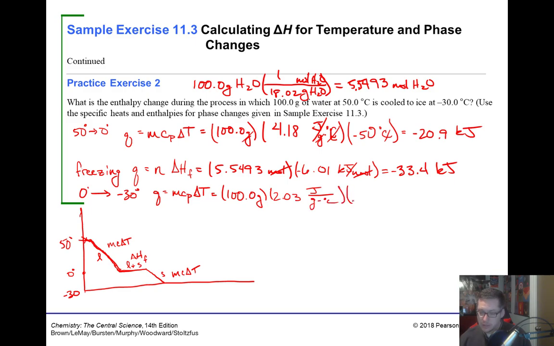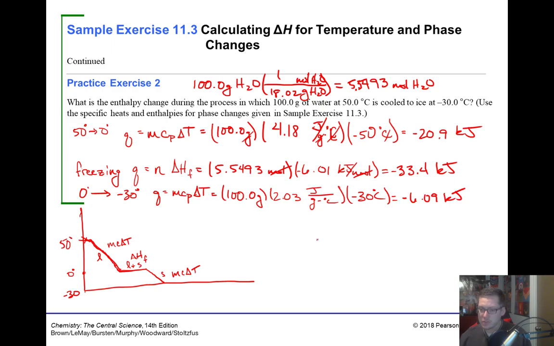The change in temperature is final minus initial: final was negative 30 minus initial, which is 0. So we take 100 times 2.03 times negative 30. We get negative 6,090, so that would be negative 6.09 kilojoules.